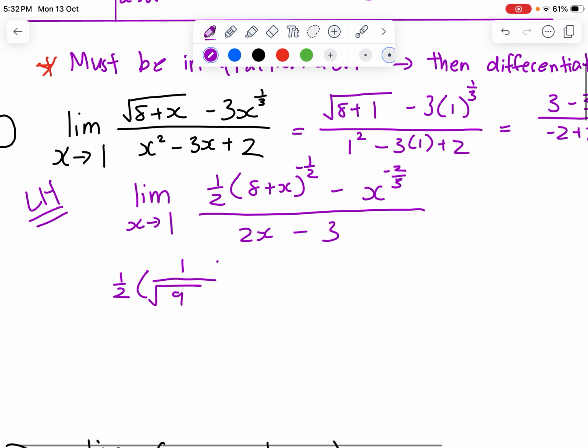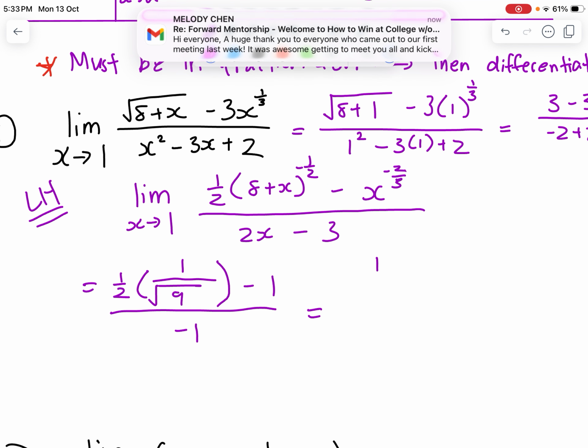So we're plugging it in, and then we have x to the power of negative 2 over 3, which is just 1, because if you plug in 1, it's just 1. Over 2 times 1, which is 2, minus 3, negative 1.